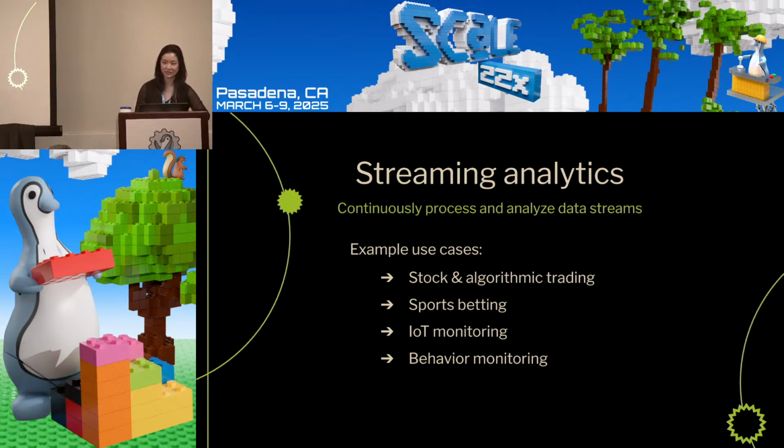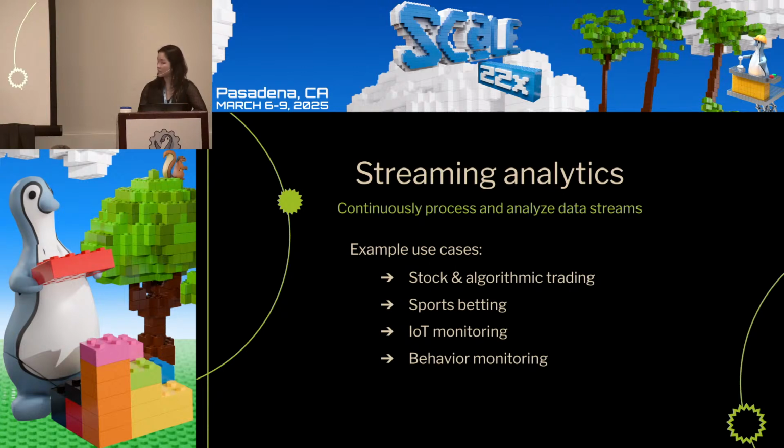I'm sure a lot of us look at the NASDAQ stock tickers throughout the day, and it's changing every single second. So stream processing enables us to process that data in real time. We can look at the market trends, the order books, and the price movements as they happen, and we can process and analyze that data, and it enables traders to make split-second buy or sell decisions.